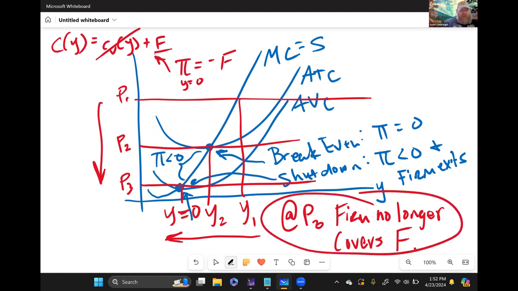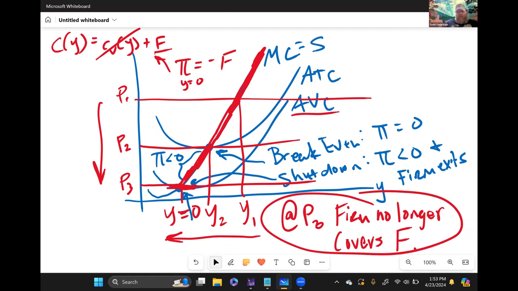So if the market price falls below the minimum of a firm's average variable cost, it means they're no longer covering their variable cost and they should shut down. But in the short run, the firm is going to continue to produce as long as the market price is above the minimum of average variable cost. Those are the stay-open, shut-down rules of a competitive firm.